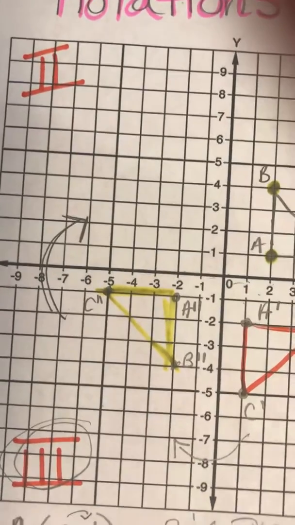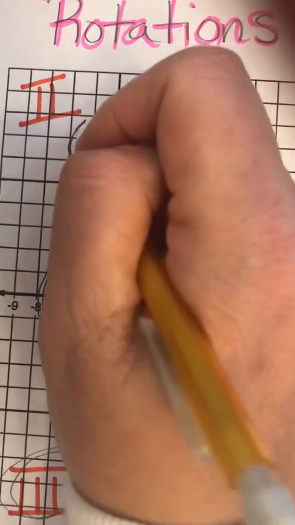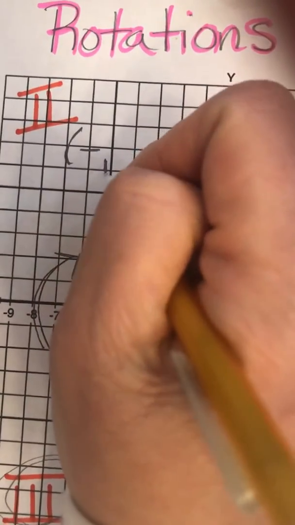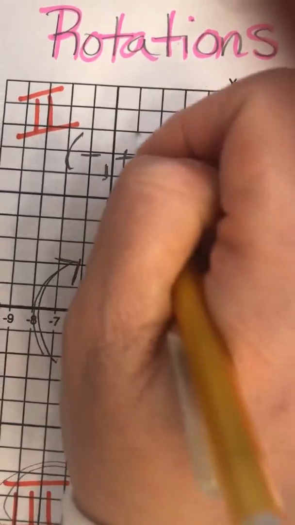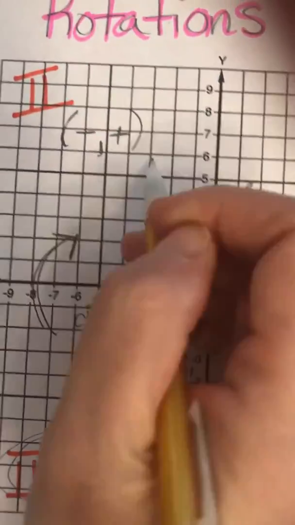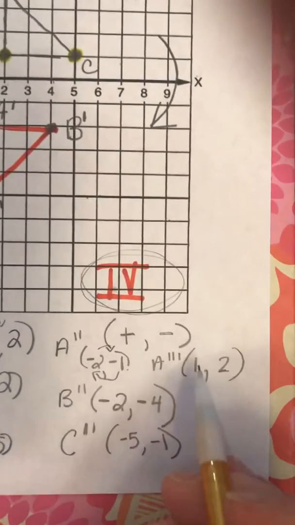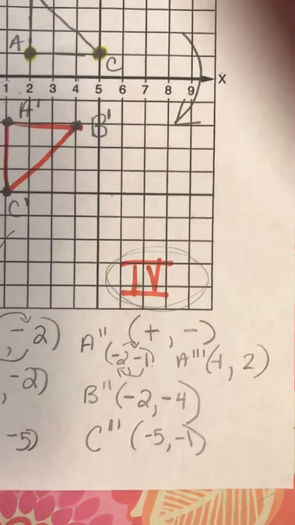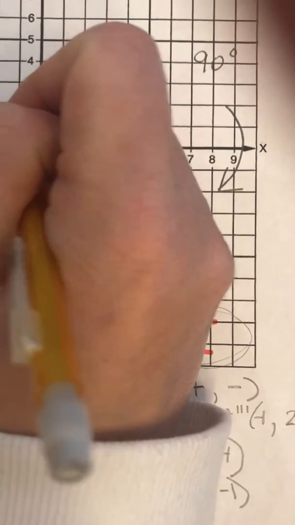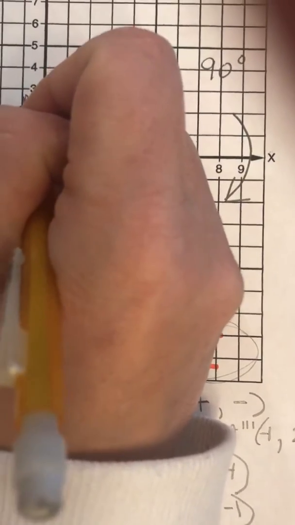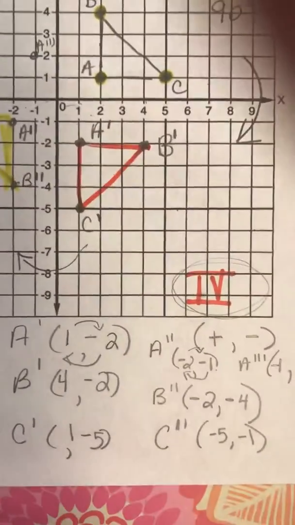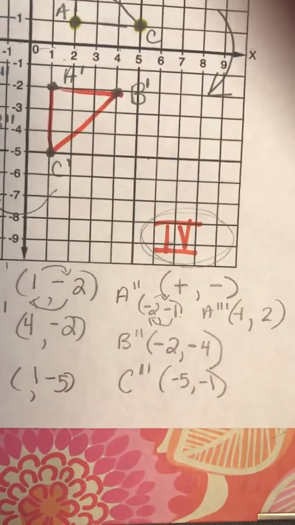And all of the points in quadrant 2 are negative, comma, positive. That means that they're left and up. So that (1, 2) has to be a (-1, 2). (-1, 2). That's my A triple prime because I moved it 3 times.